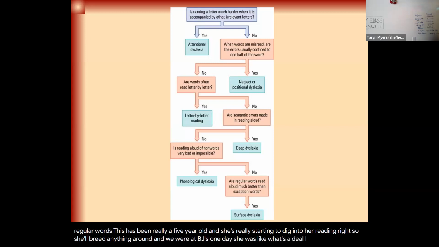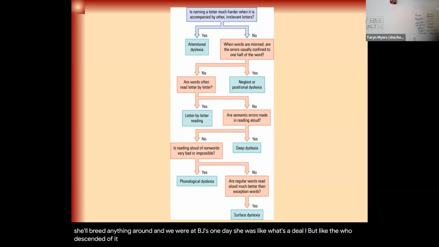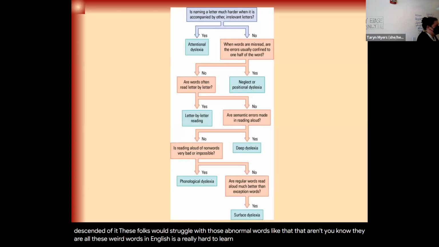Like, what? And we looked up, she was trying to pronounce deli. For her to sound it out, in her mind it should be D-lie. So these folks would struggle with those abnormal words. English is a really hard language to learn. I'm sure Bio could share that with us, right? We have all these irregular verbs and irregular words that are not pronounced great.